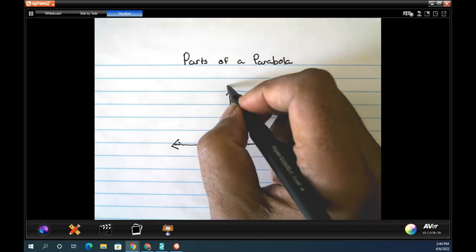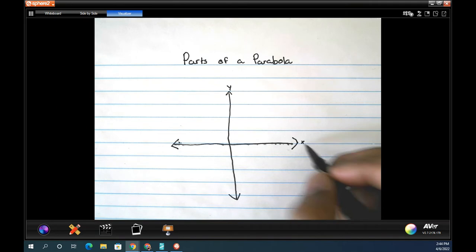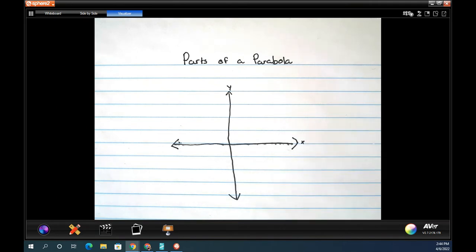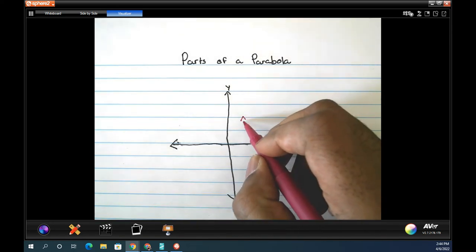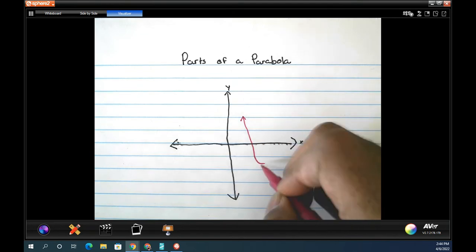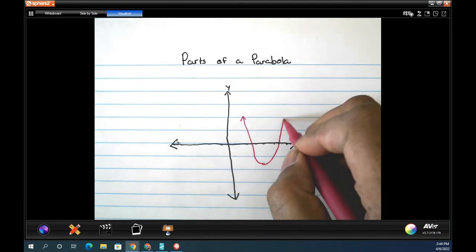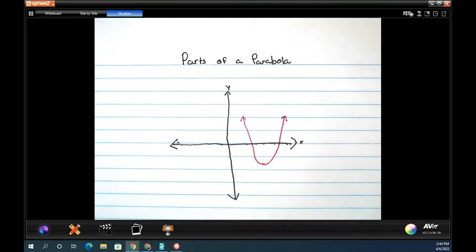Here's your y-axis, here's your x-axis. Now, it doesn't have to be exactly like mine, but now we're going to draw a parabola. It's a little smaller than I want it.